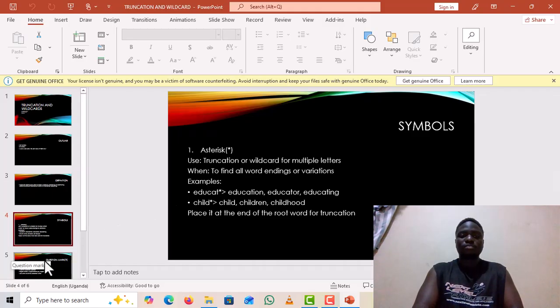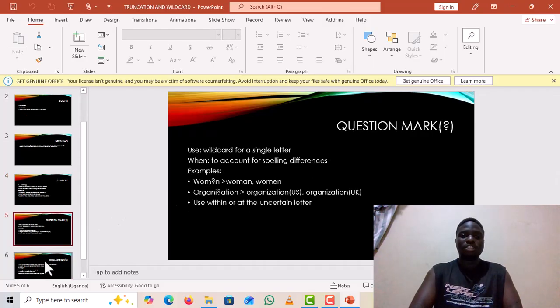So we shall go to another symbol, which is a question mark. A question mark is used in wildcard for a single letter. So when then is to account for spelling differences. For example, wom?n, which will be representing woman or women.